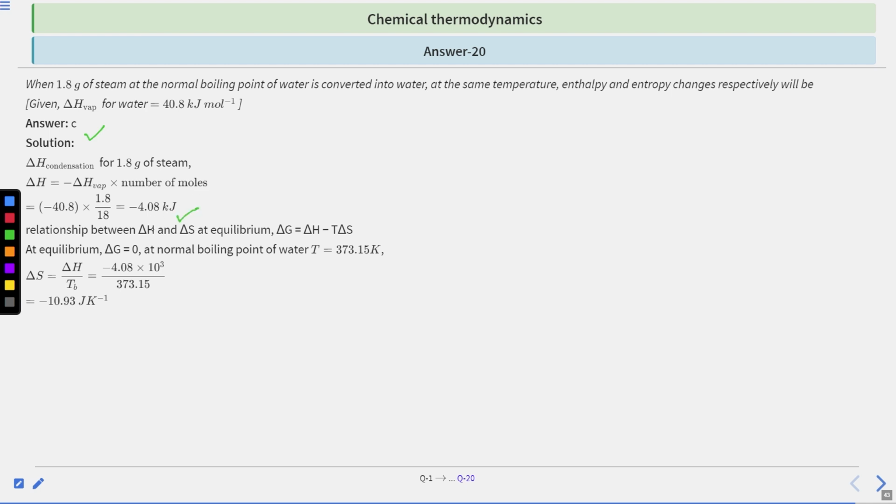The relationship between del H and del S at equilibrium is del G equals del H minus T del S, and at equilibrium del G equals 0. At the normal boiling point of water, T is 373.15 Kelvin. So del S will be equal to del H divided by T. On putting the values in the equation, we have del S equals minus 10.93 joule Kelvin inverse. Hence option C is the correct answer.